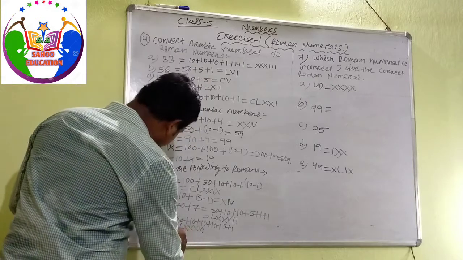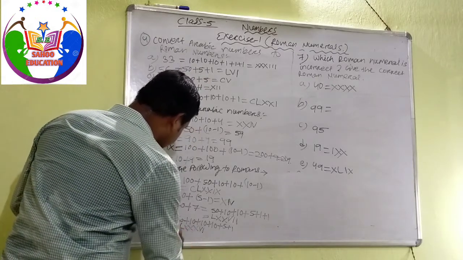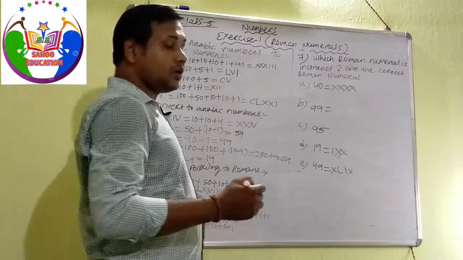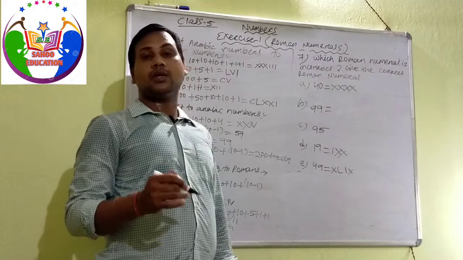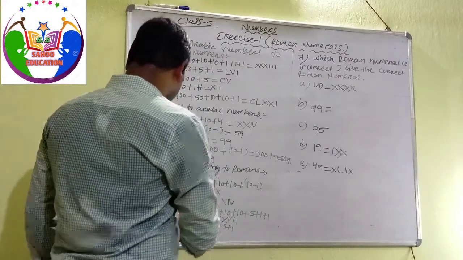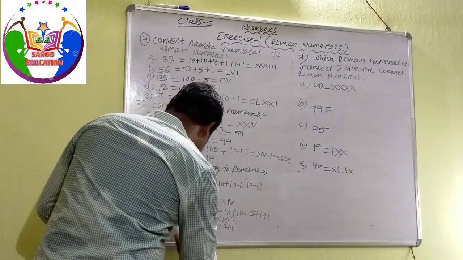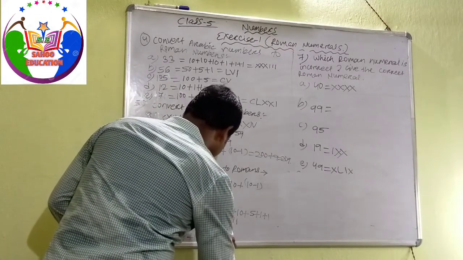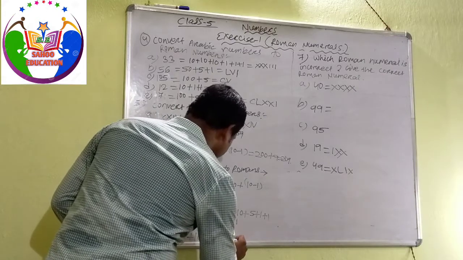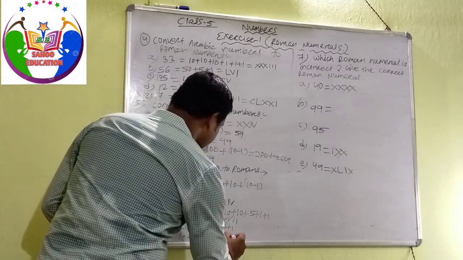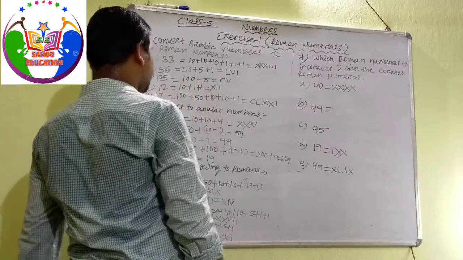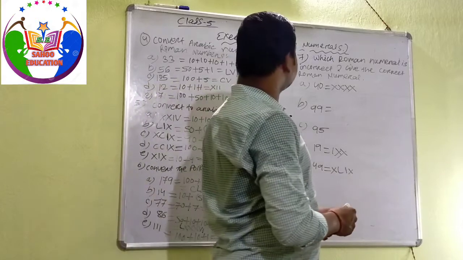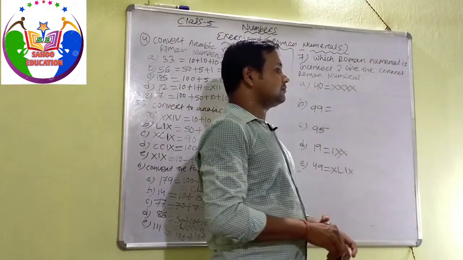Similarly, we'll discuss the last one of question number 6, that is 111, which is written as 100 plus 10 plus 1. So 100 is C, then 10 is X and 1 is for I. CXI is for 111.